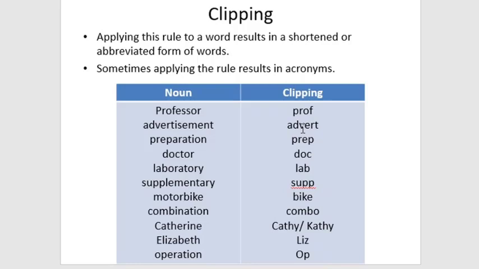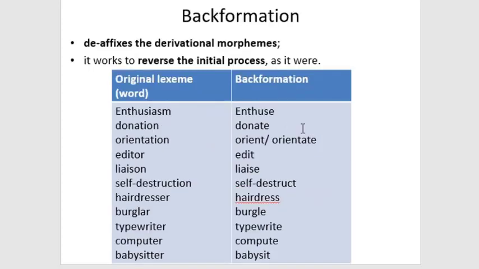Derivation is one way of forming words. Clippings are also examples of new words that are formed. And you move on. Back formation, right? Where you actually reverse the initial process.